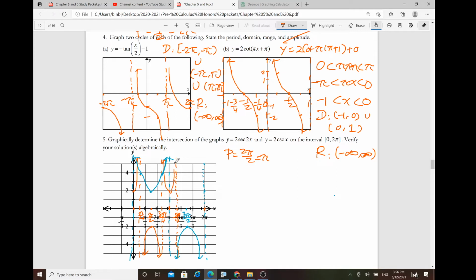Okay, so it's going this way. And then the next one should be 7 pi over 4. And then also showing that in other positions. So pi over 2, pi, and then the next one should be at 3 pi over 2.